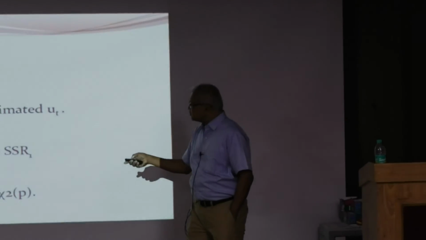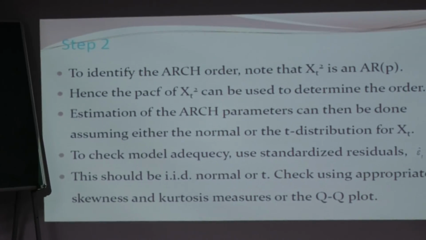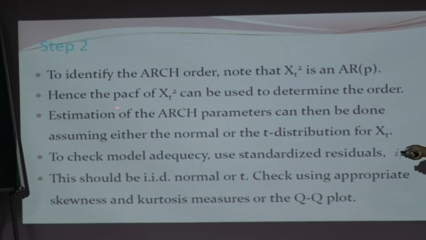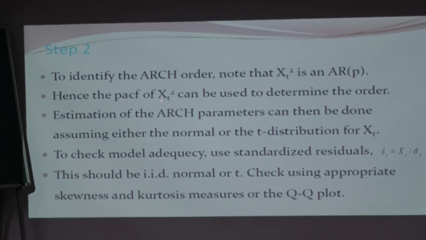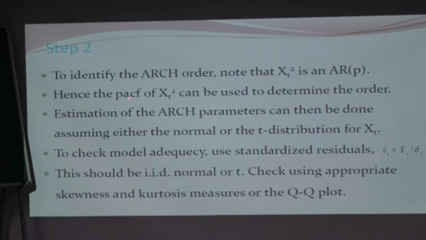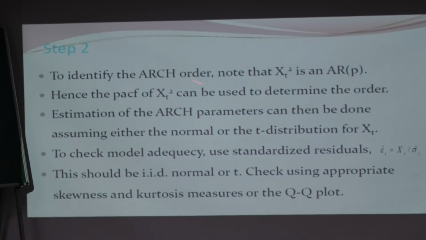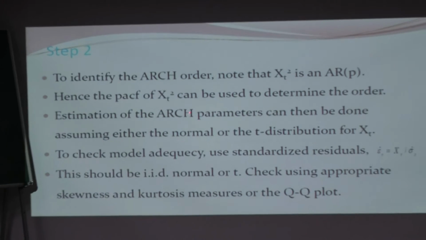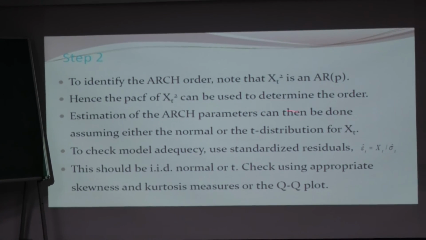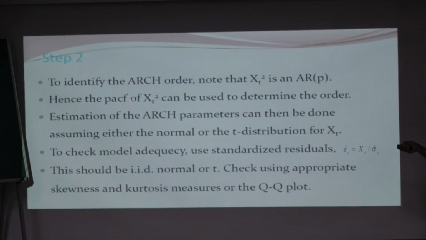So how do you identify an AR model? You use the PACF. Use the PACF, but not of xt, of xt square. Exactly the way you do the AR model, using xt square, you do the same method and identify the order of the ARCH.